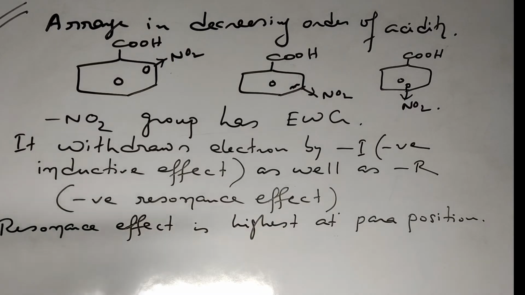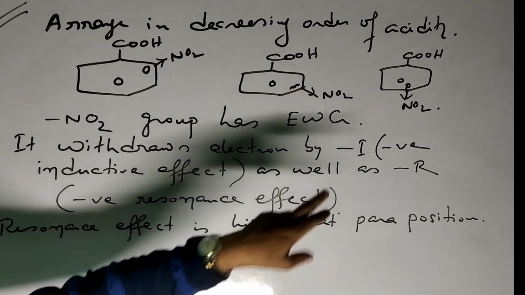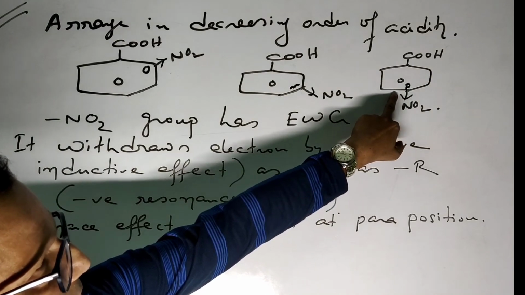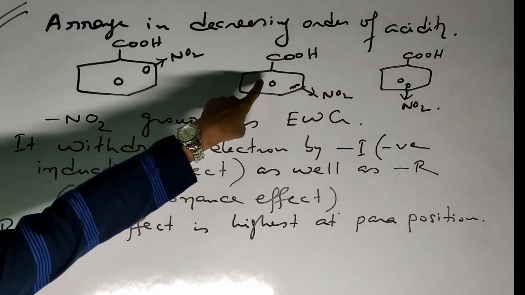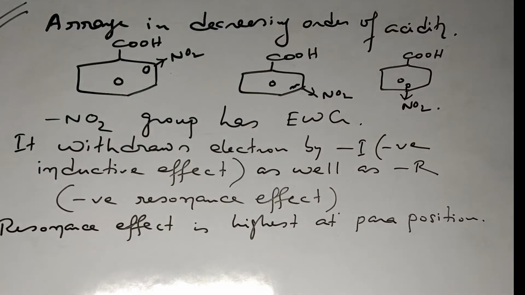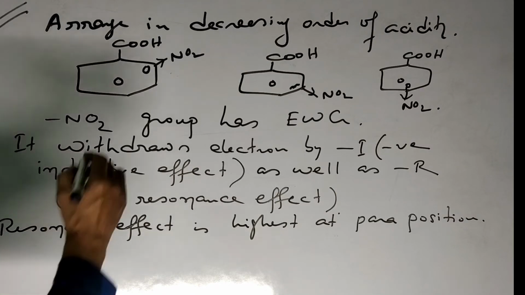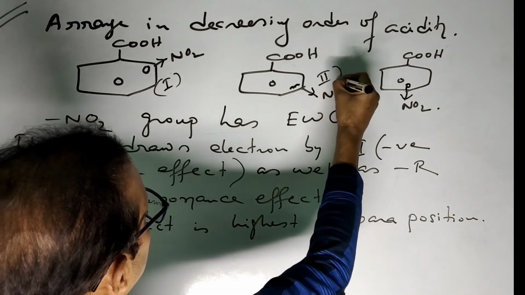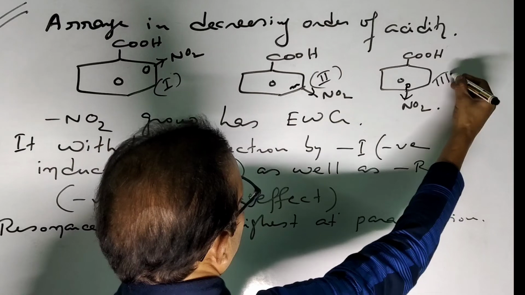Now hence you can say that it is the strongest acid, it is the weakest acid, it is the second position, correct. So just tell me the decreasing order of acidity. Mark it as 1, 2, 3.